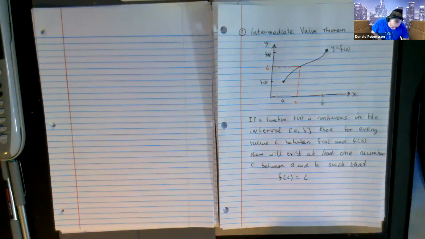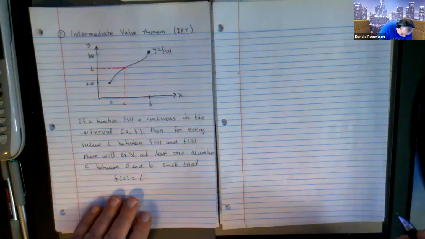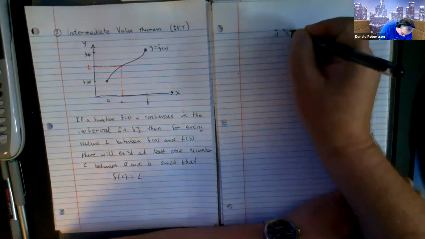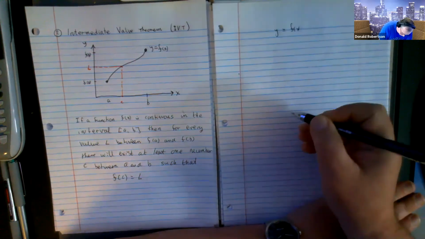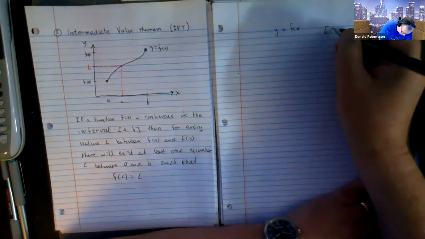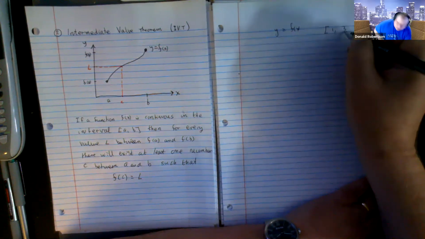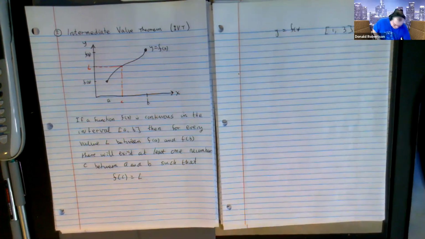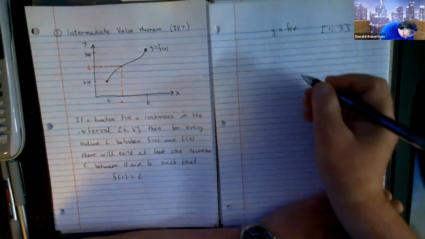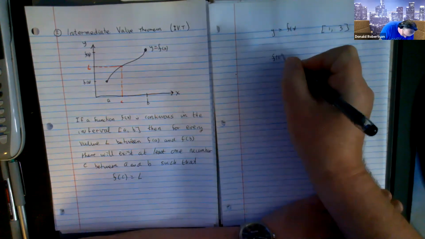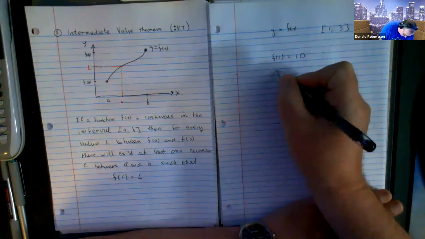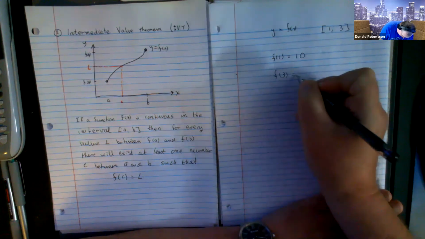So imagine I had a function, f of x, and I told you that it was continuous from x equals 1 to 3, right? And I told you that the value of f of 1 was 10 and the value of f of 3 was 20.